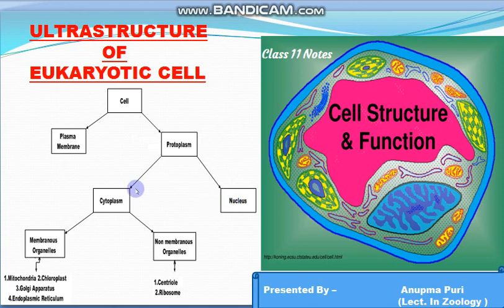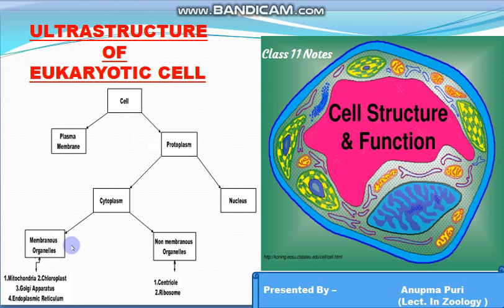And this cytoplasm has compartments inside it. Some of the compartments are membranous, that is, they are surrounded by membranes, and some compartments are not surrounded by membranes. And all these compartments are known as organelles.